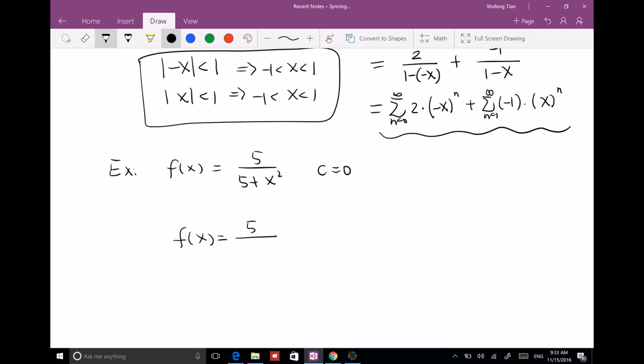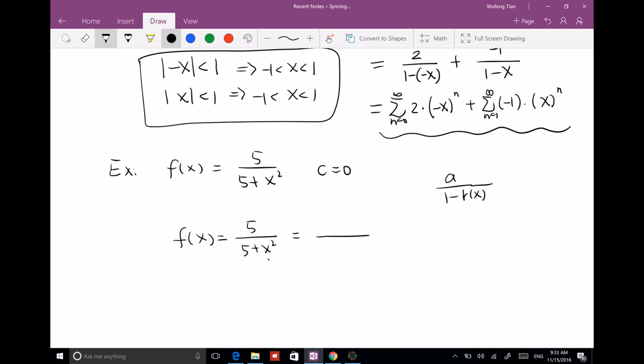So what do you do for... I'm not sure how to break that up into the... So I need a 1 over 1 minus r x. As long as the numerator does not have x, we're fine. The bottom, this one is x squared, that's okay.